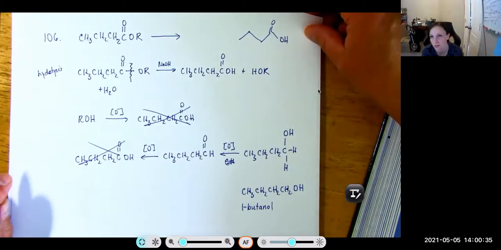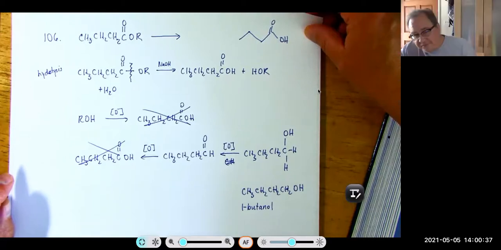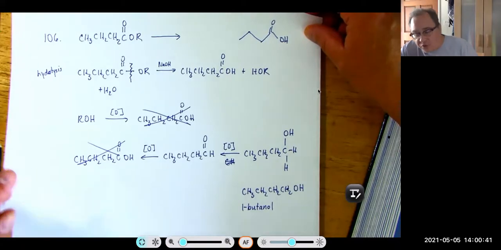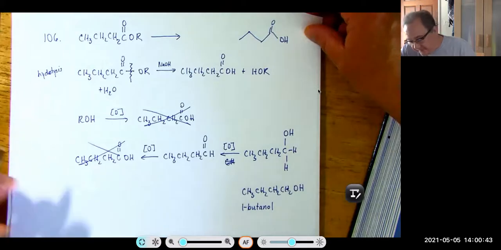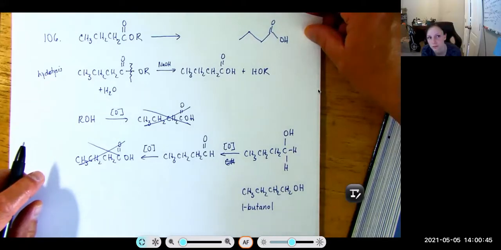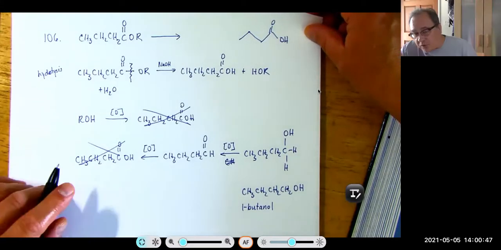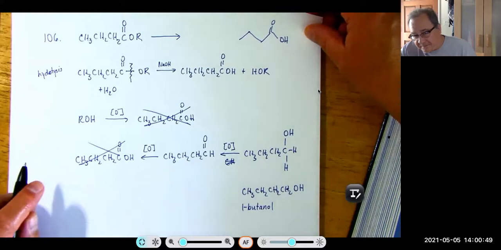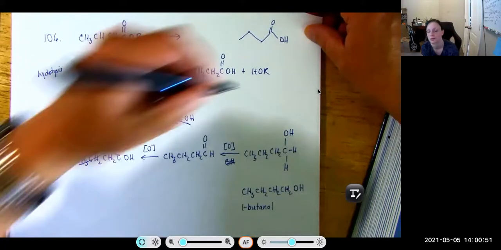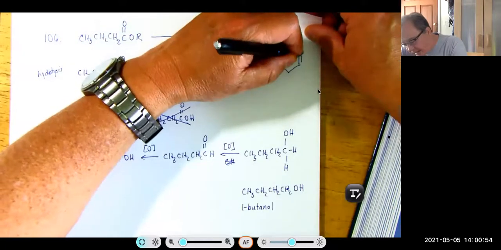I guess not. No. So to make a structural isomer, if we've made the longest one, what do we do next? Make a shorter one. And then add a methyl. Yes. So here, isn't that a shorter acid?